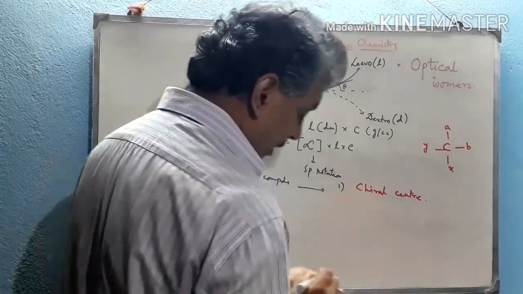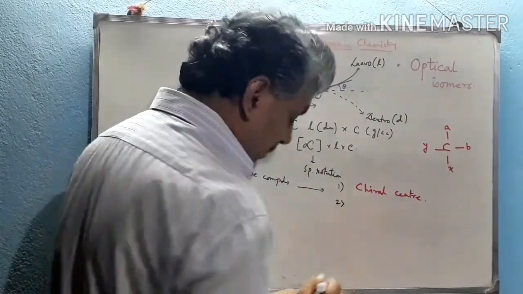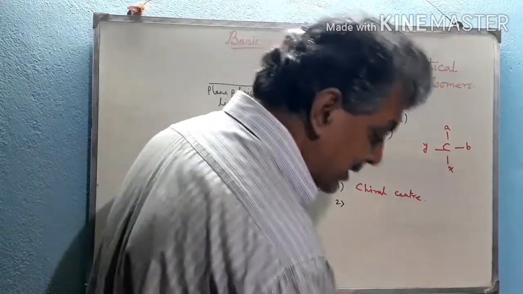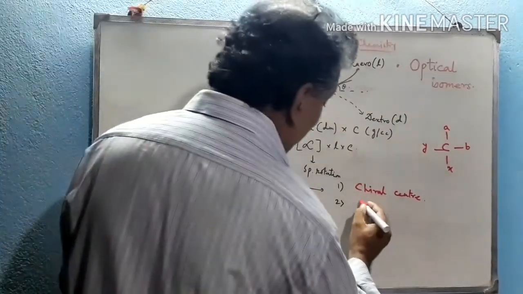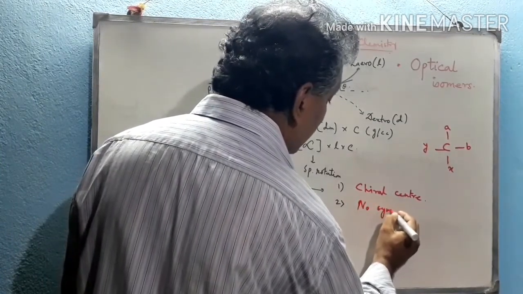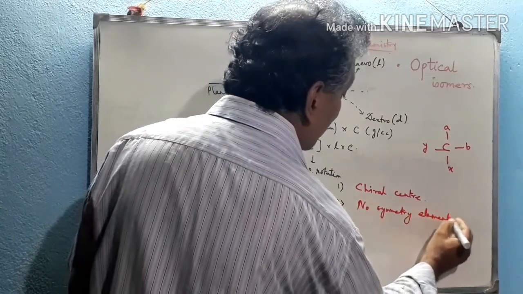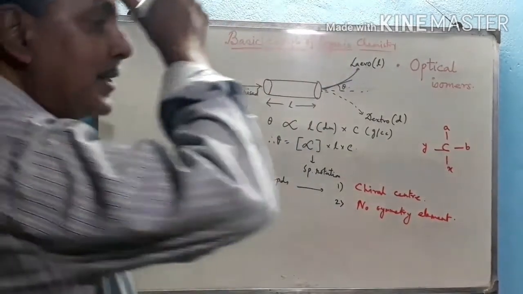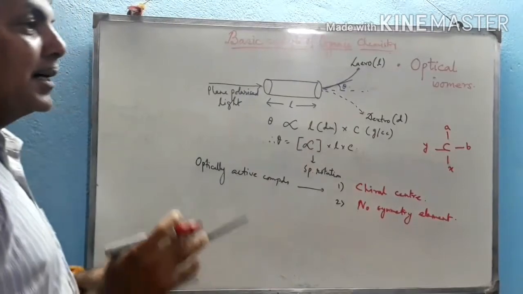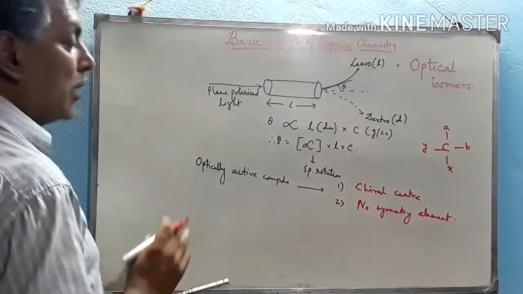Number two, it has no symmetry element. What is a symmetry element? There are generally two types: the plane of symmetry and the center of symmetry. Now we are discussing the plane of symmetry.